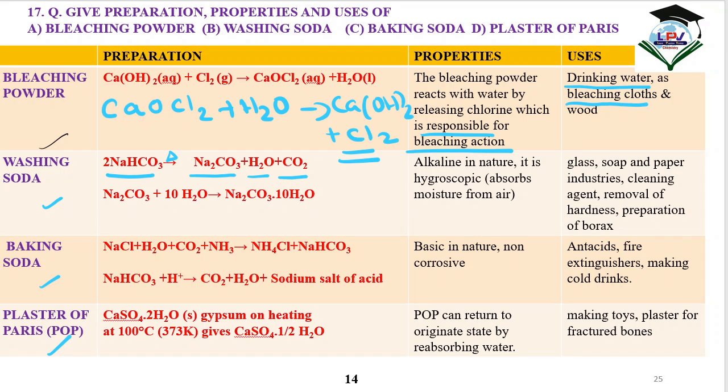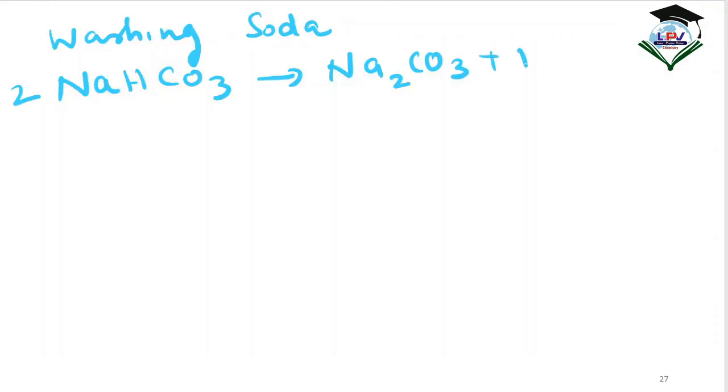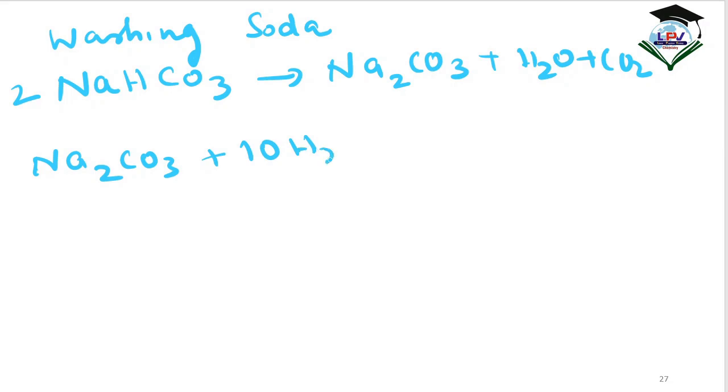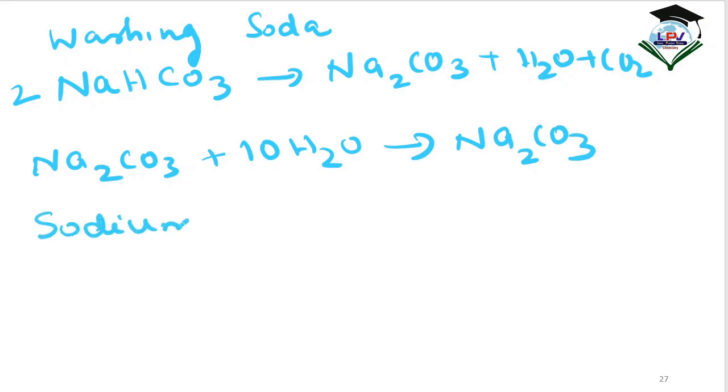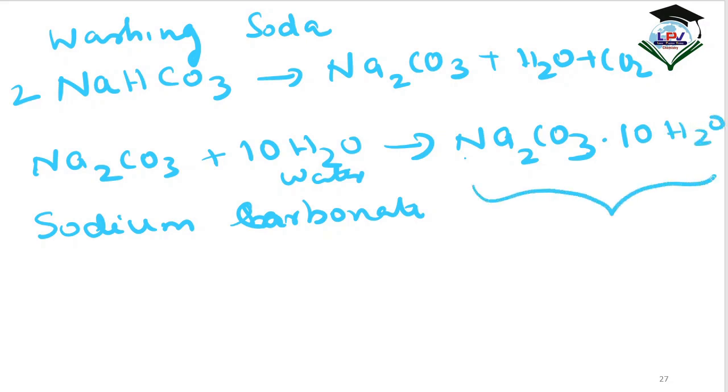Now, the sodium carbonate is treated with 10 molecules of water. You take 10 water molecules with Na2CO3, which is your sodium carbonate, and it gives Na2CO3·10H2O, which is known as washing soda.